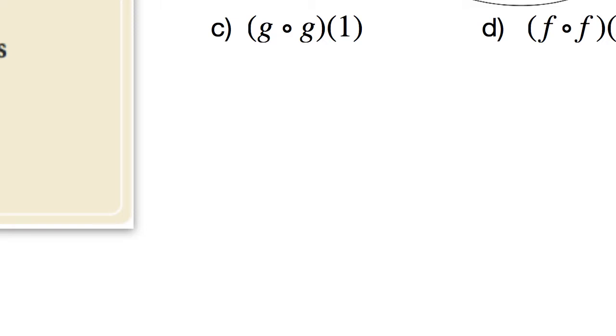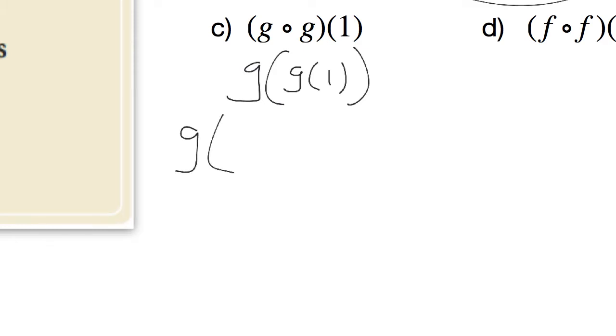Here we go. Let's find the composition of g in g of 1. What that really means is we're going to find g of 1. Whatever that is, we're going to put that back into g. Remember, the function g is going to be 1 squared minus 3 times 1 plus 8.